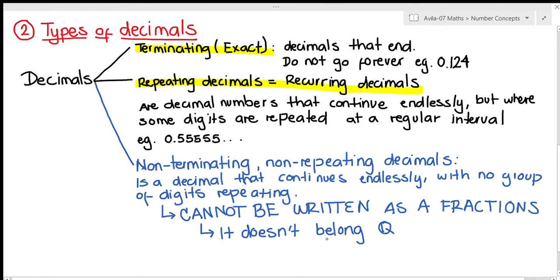This is very important. Please highlight this one with a different color. I'm going to use a green one here, and I'm going to say they are non-terminating decimals and non-repeating decimals.